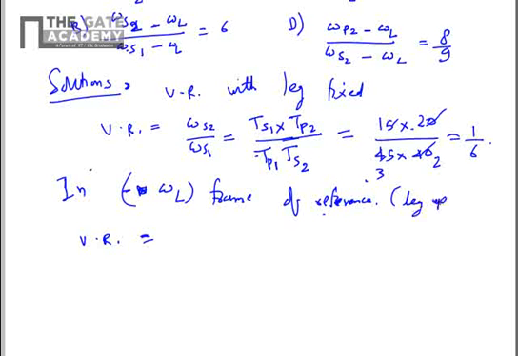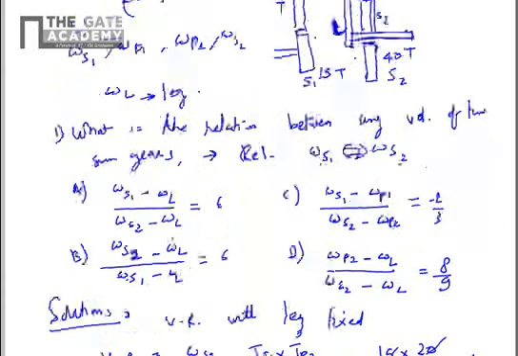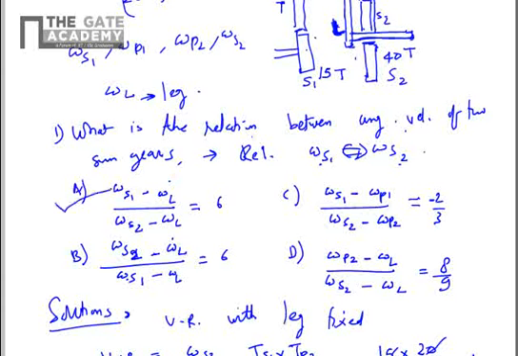So the leg appears to be fixed, and this expression becomes omega S2 minus omega L divided by omega S1 minus omega L equal to 1 by 6. Hence, if you invert this, we get omega S1 minus omega L divided by omega S2 minus omega L equal to 6. So from the 4 options you can see that A is the correct option.